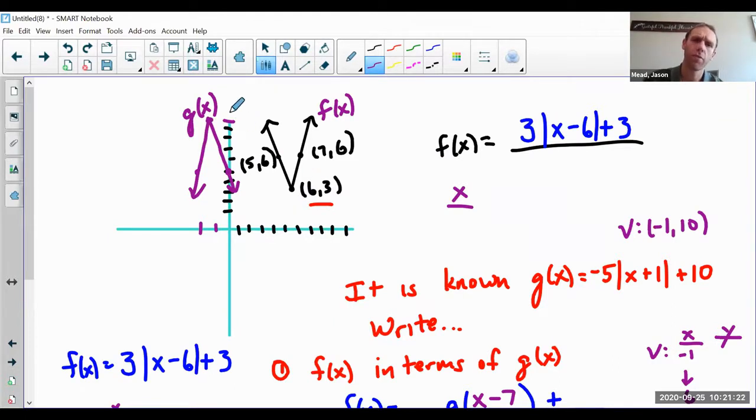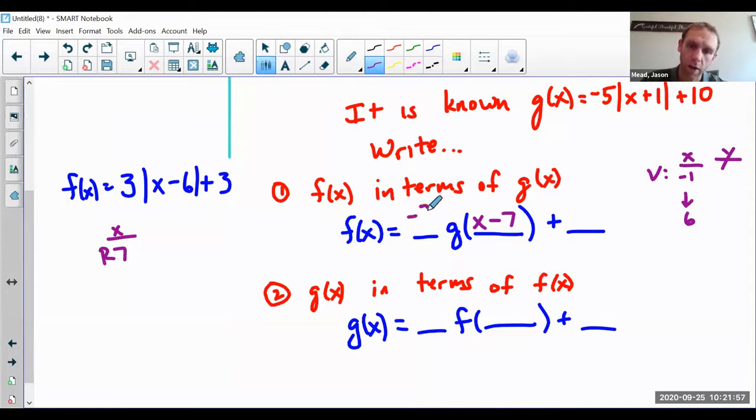Going from g to f, the multiplier was -5. It becomes +3. How do I multiply something by -5 and turn it into +3? I multiply by -3/5, because -5 times -3/5 gives me 3. So I have to multiply by -3/5.